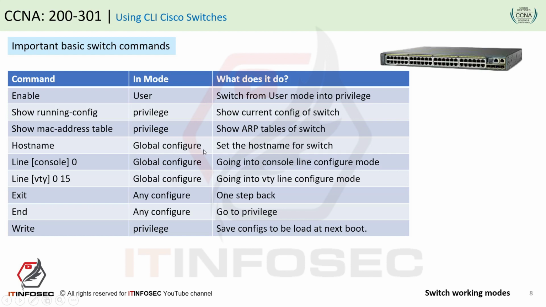Configure terminal. With that command we can enter the switch global configuration mode. Line, for example, console 0, line VTY. The line console is used in global configure, as well as the previous mode, for going into console line configuration mode.